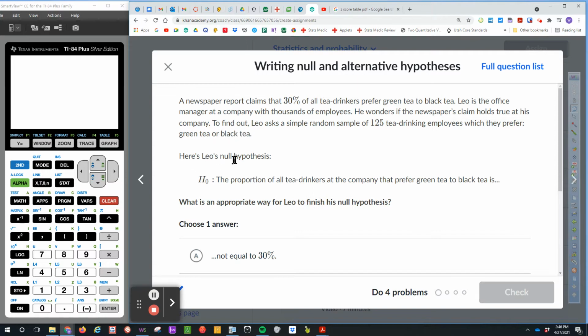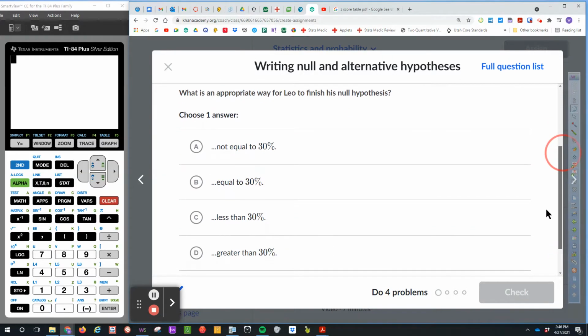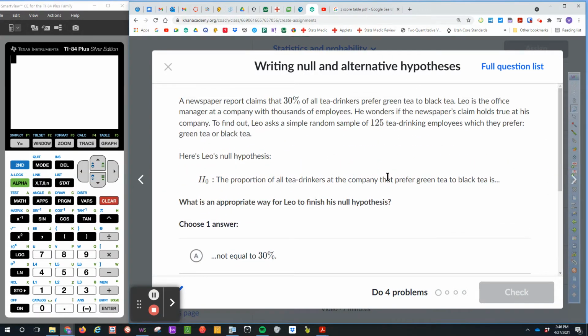So here, Leo's null hypothesis is the proportion of all tea drinkers at the company that prefer green tea to black tea is. So when you write your null hypothesis, you always want to write what the claim is. So here the claim is 30. And he wonders if the newspaper's claim holds true. The null hypothesis usually refers to when the claim is true.